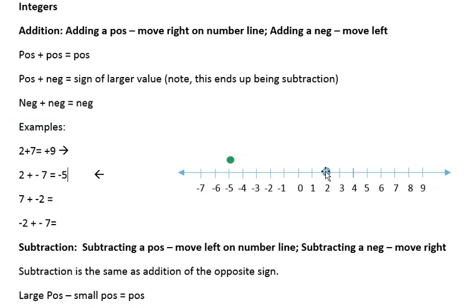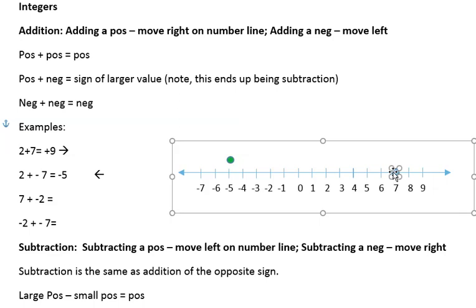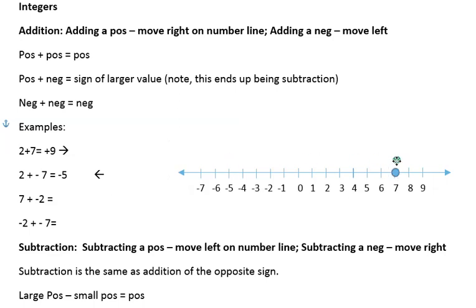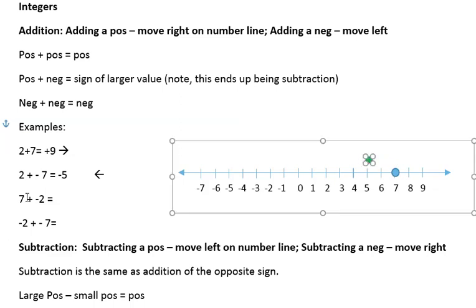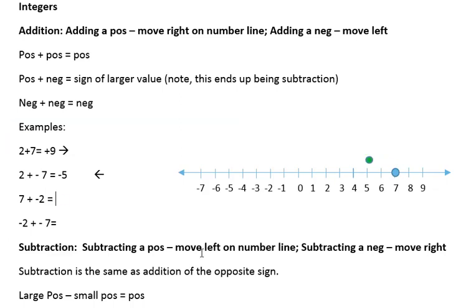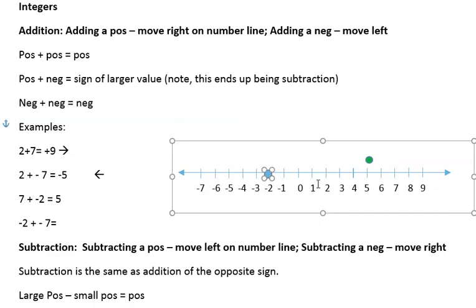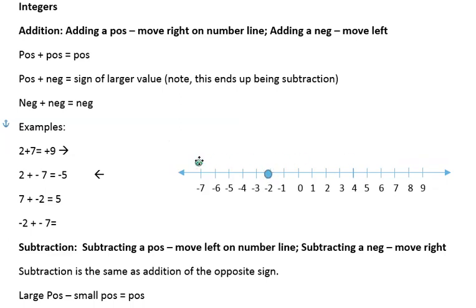If I start at 7 and I add negative 2, well, I'm going to move to the left because I'm adding a negative. So 2 to the left, I go down to positive 5. And if I start at negative 2 and I add negative 7, so I'm adding a negative, I move left. I'm going to be a little further than my number line is showing. I'm going to be all the way down to negative 9.